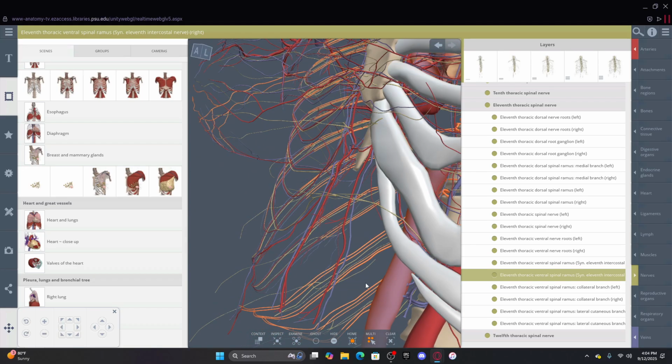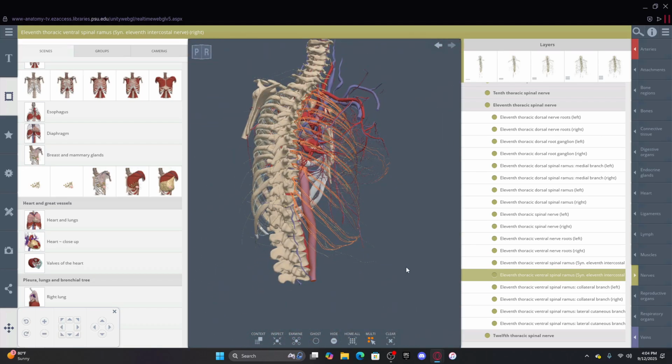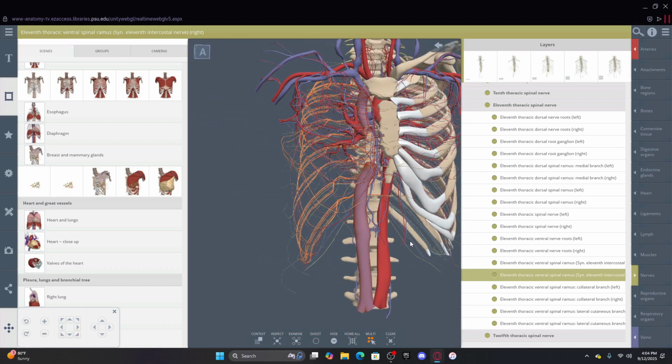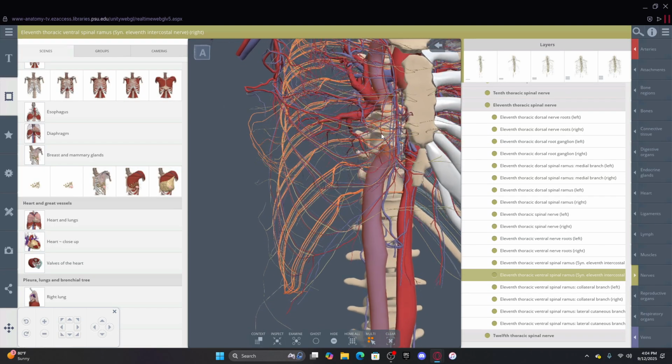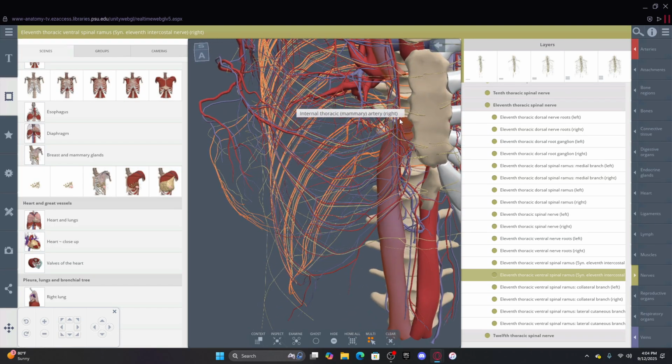All right, so then I also want to highlight the internal thoracic artery and vein, which are right next to the sternum. If I'm looking on the interior side of the rib cage, if I press these two structures right here, internal thoracic artery and internal thoracic vein.